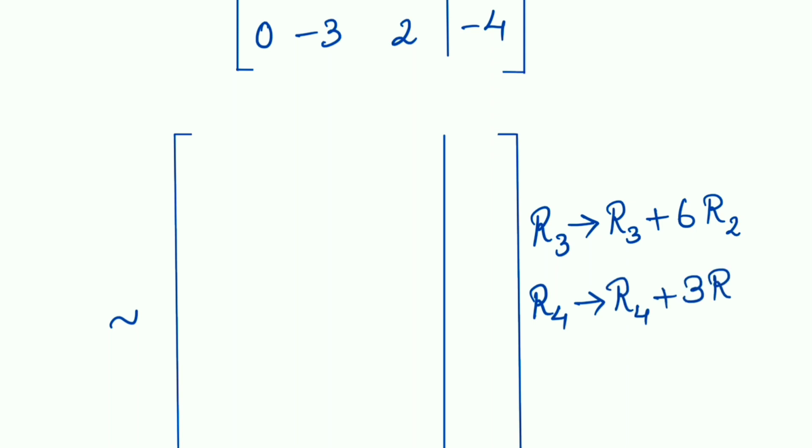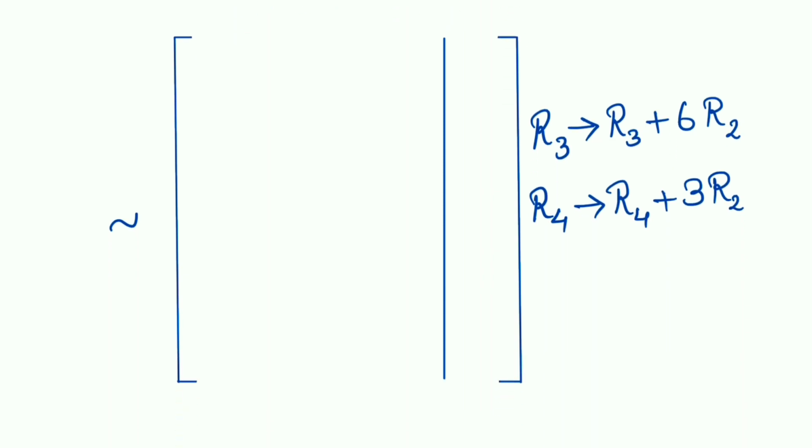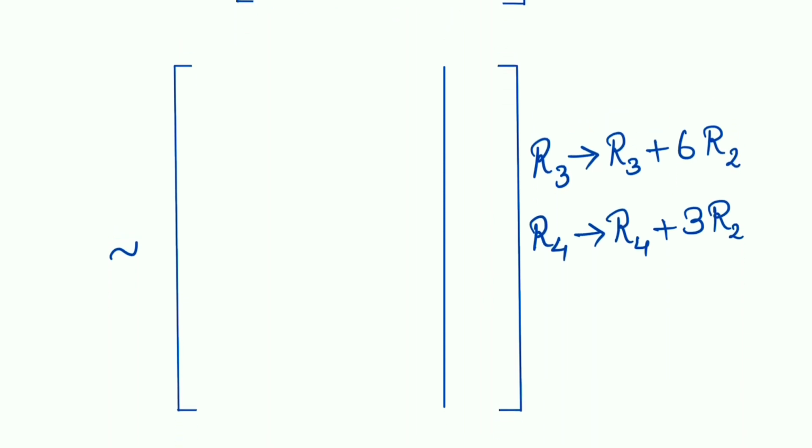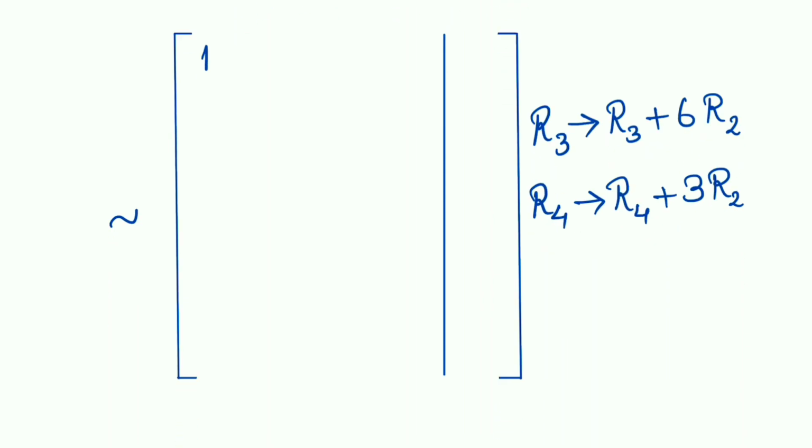These operations on row 3 and row 4 reduce their leading element to 0 and the remaining rows remain as they are, that is row 1 and row 2 will remain as they are, 1, 2, minus 1, 3, row 1. Row 2 remains same, 0, 1, minus 5 by 7, 8 by 7.